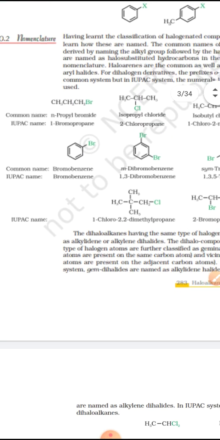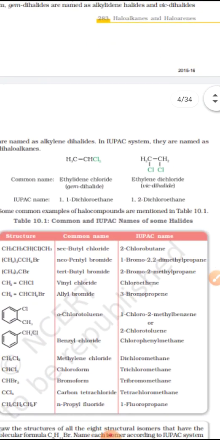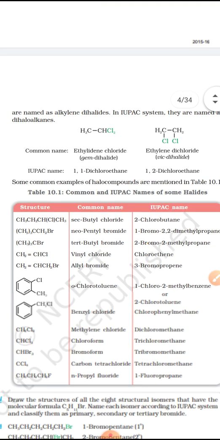Now children, other examples for names you all can see in the given table. You have learned these names in 10th standard and 11th standard also, so we are not going into very much detail.